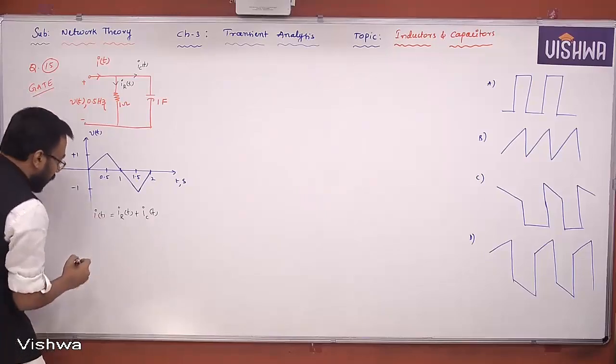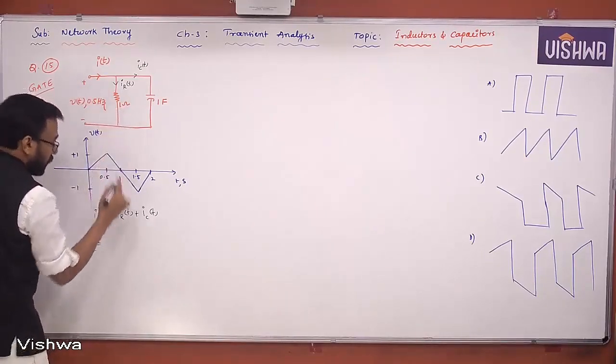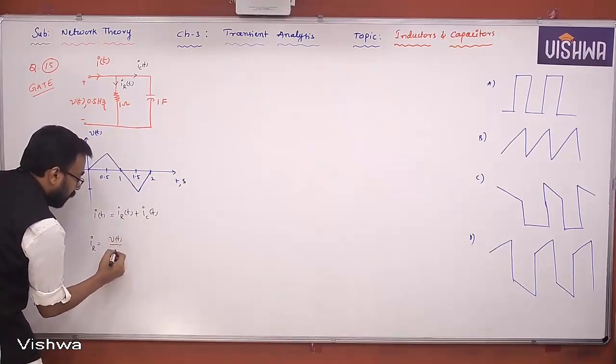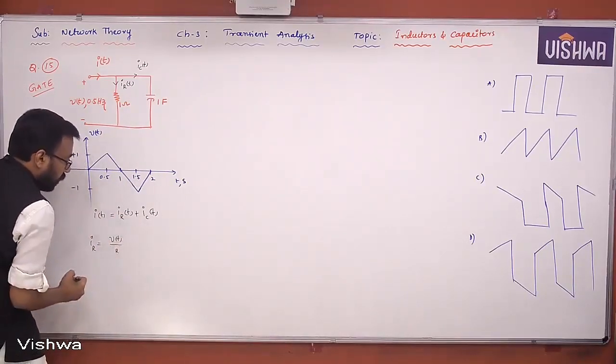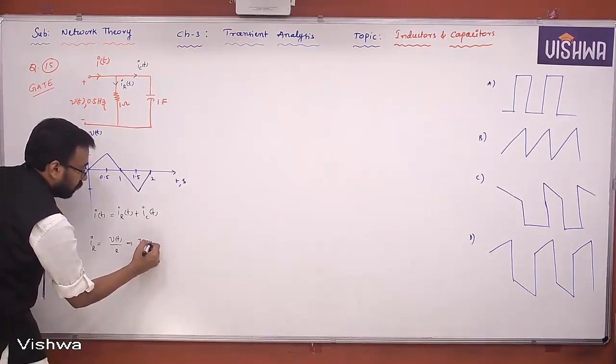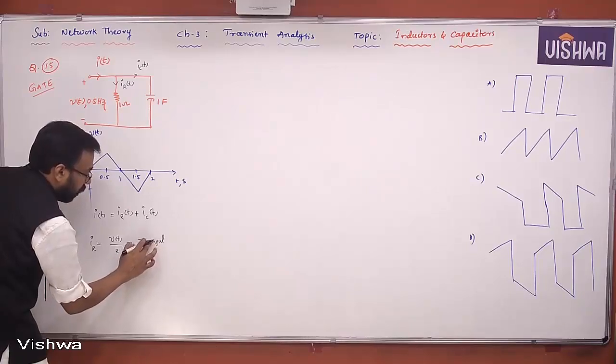But what is IR? IR is nothing but the total voltage by resistance R, because the voltage appears directly across it. This will also give you a triangular waveform.